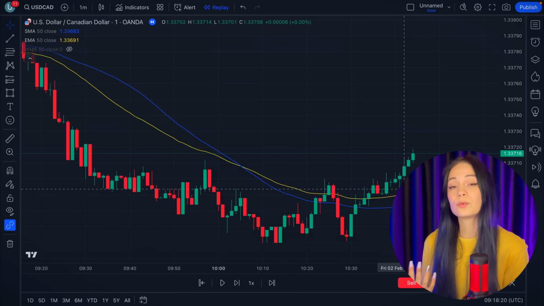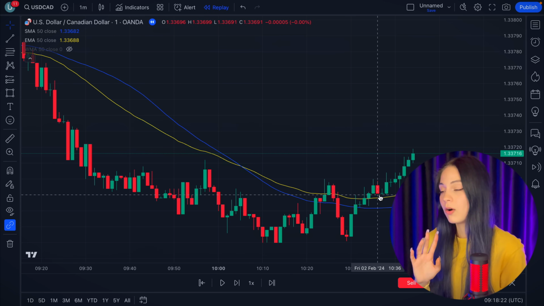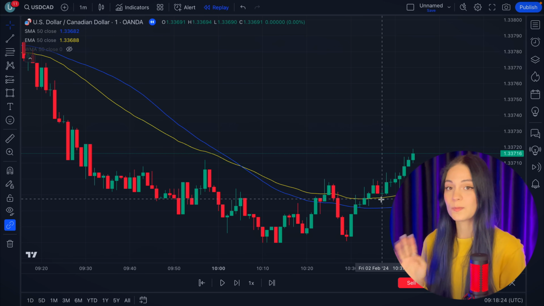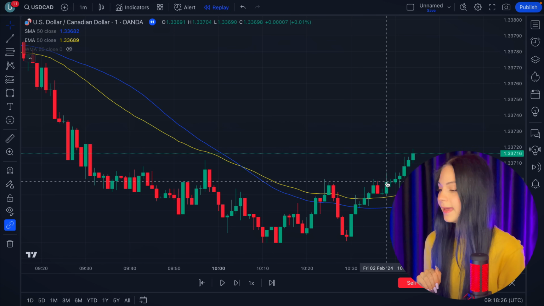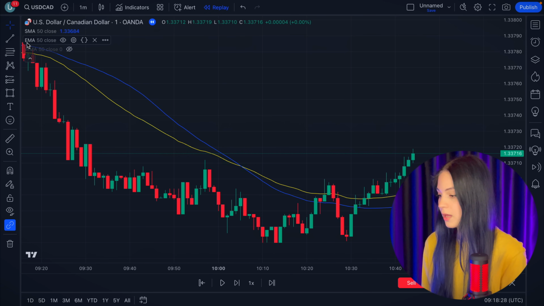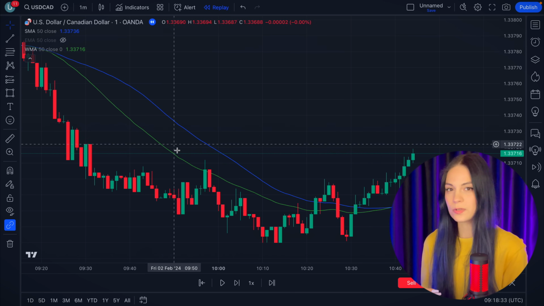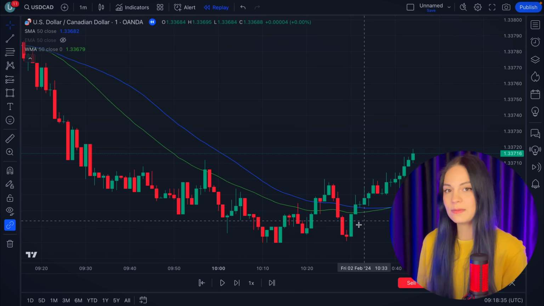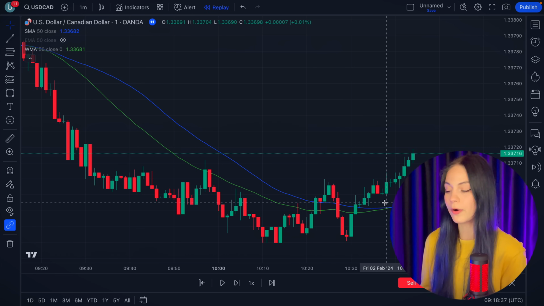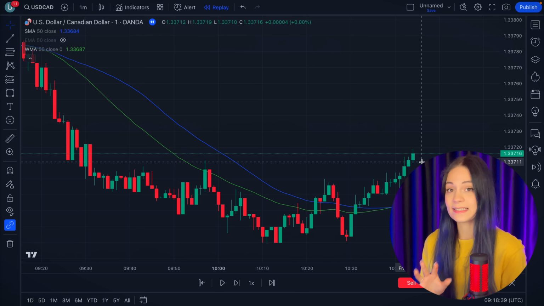And when we want to analyze volatility, almost always you need to use the exponential moving average. And of course, let's talk about the weighted moving average, and it's going to be even closer to the price because it uses the same system but gives even more priority to the last data.